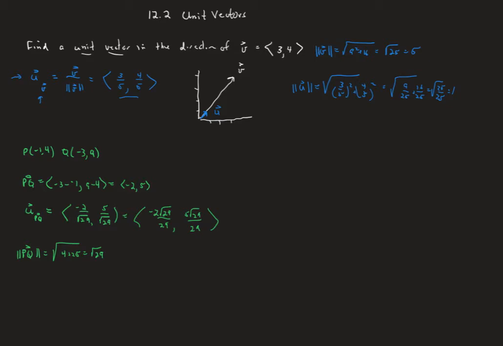So some new vocabulary and ideas here. We will say that the vector 1, 0 and the vector 0, 1 are known as the standard unit vectors. These are vectors of length 1 that point in the x and y direction.